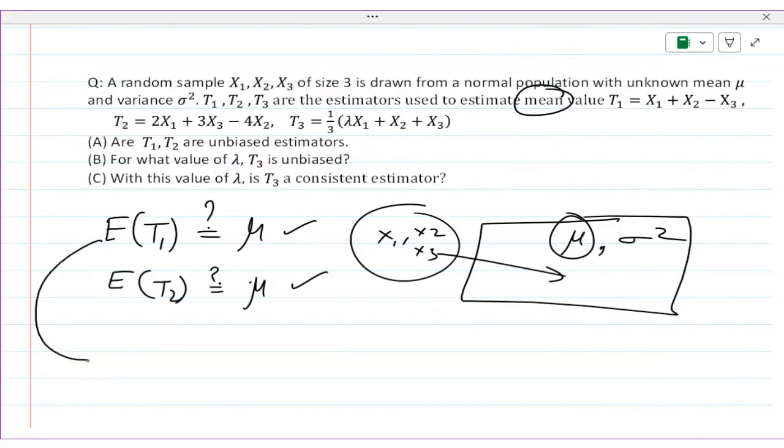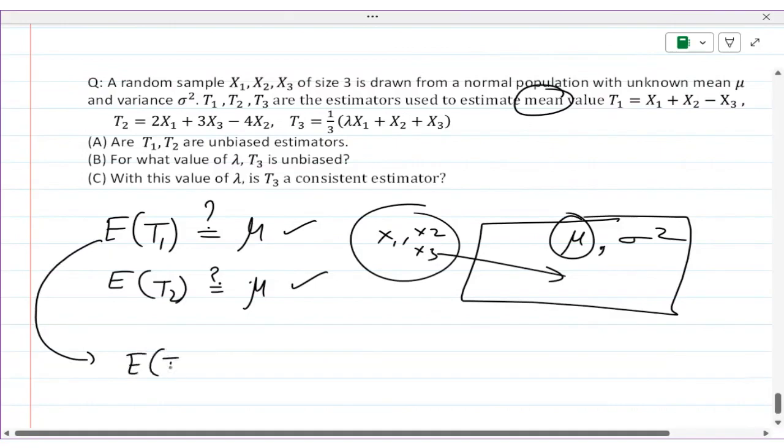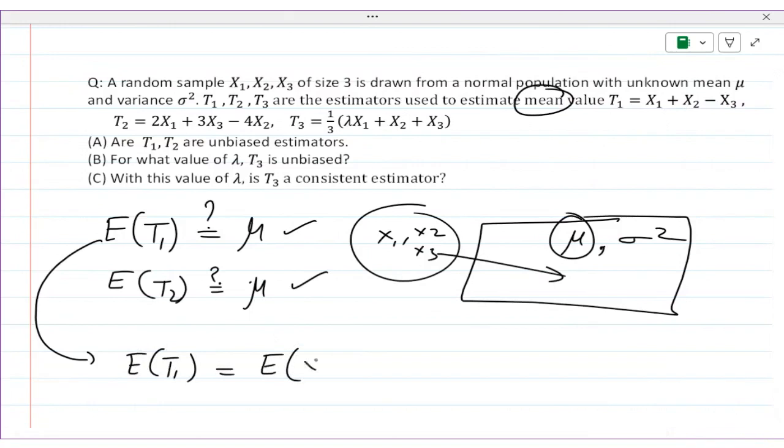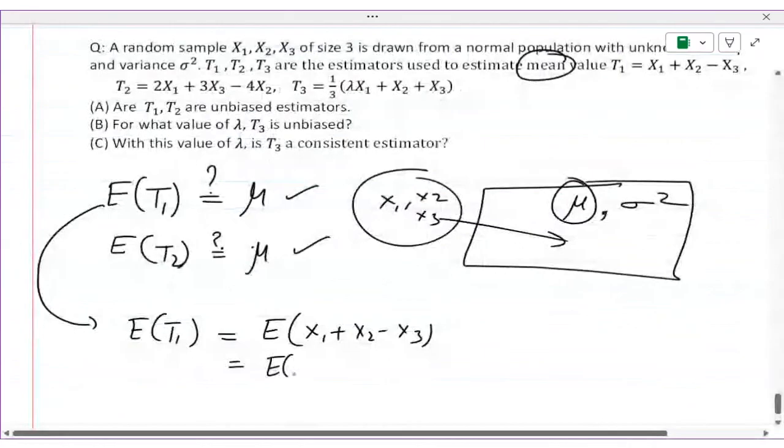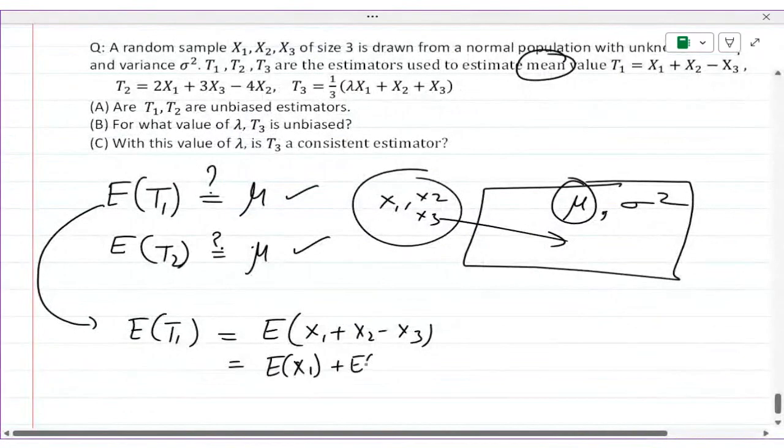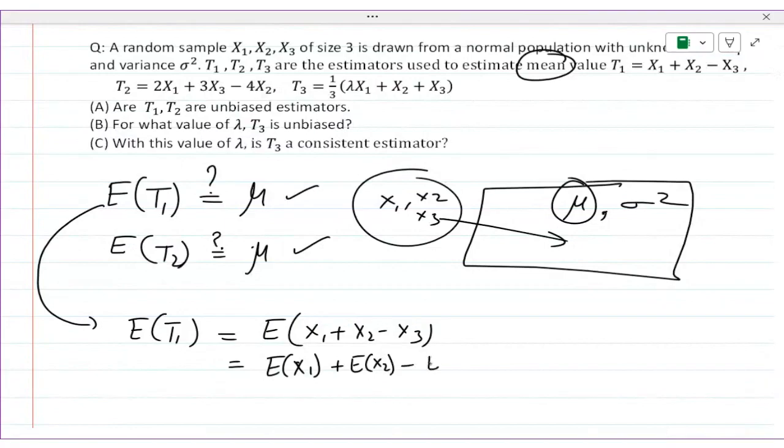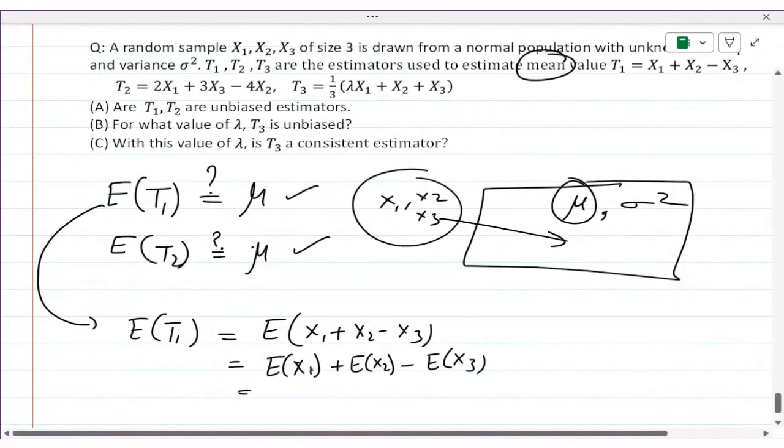So what is the expected value of T1? T1 is x1 plus x2 minus x3, which is equal to the expected value of x1 plus the expected value of x2 minus the expected value of x3. Now what is the expected value of x1? The sample has been taken from the population where the mean is mu.